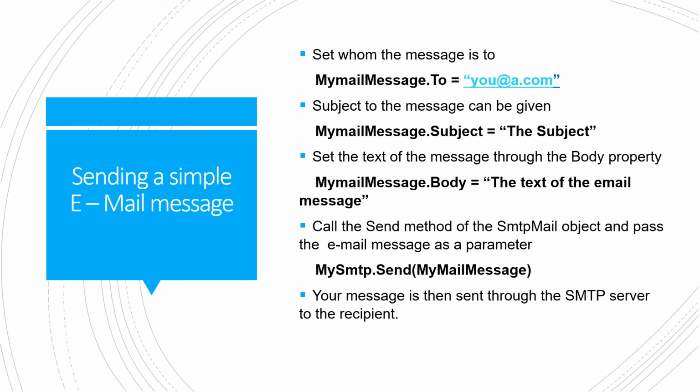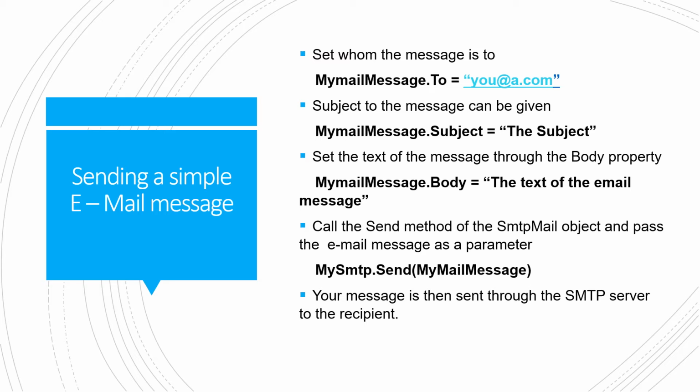You can set whom the message is to be delivered to using the To property: myMailMessage.To equal to, you can mention the address to whom it has to be delivered. You can also give your email message a subject: myMailMessage.Subject equal to the required subject.